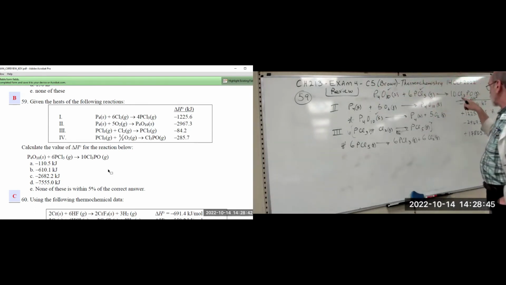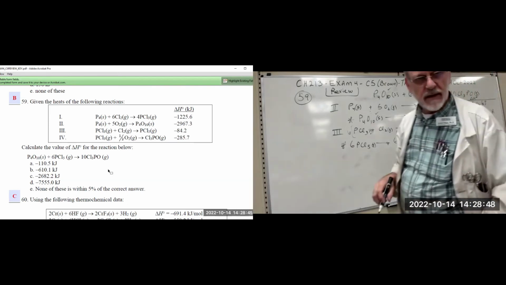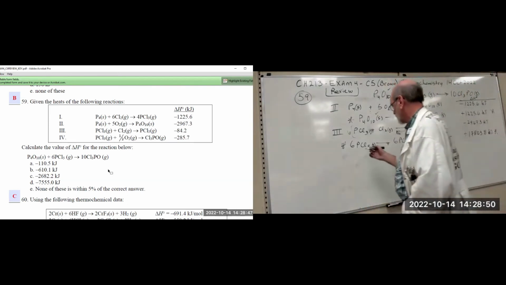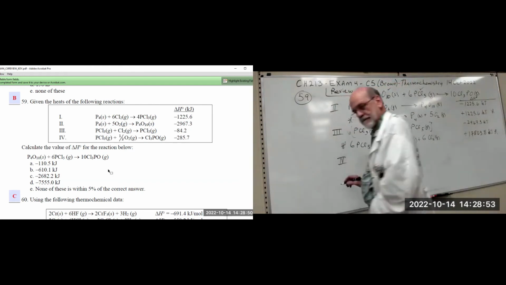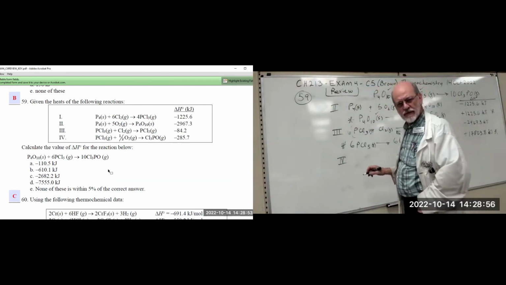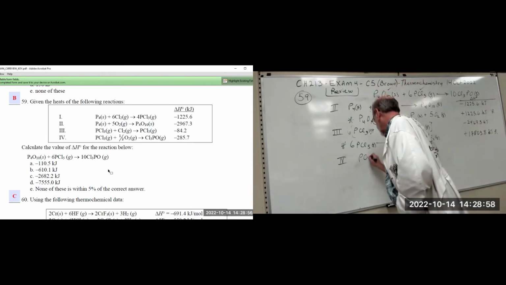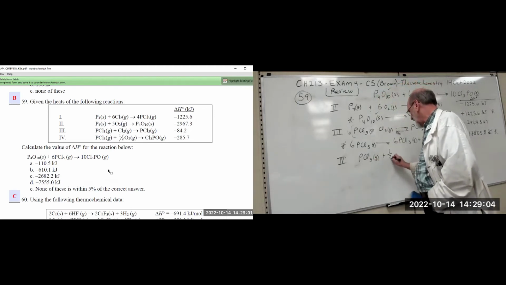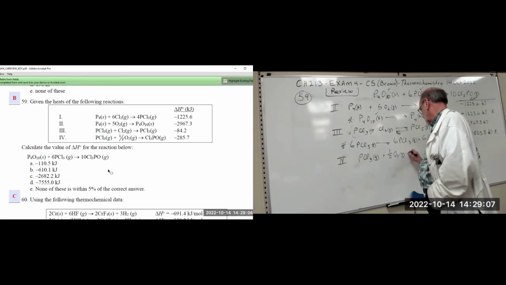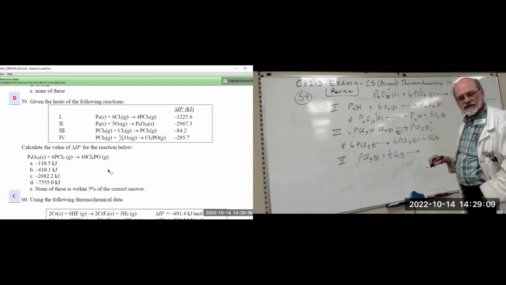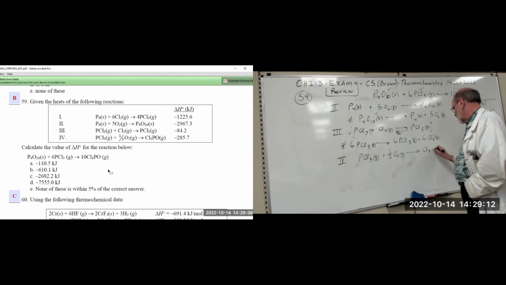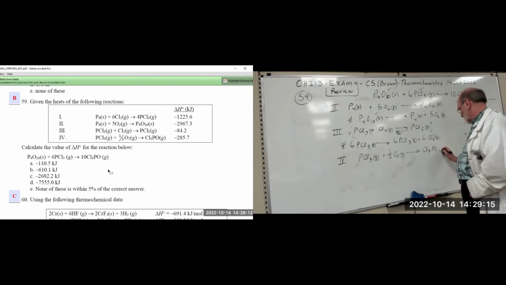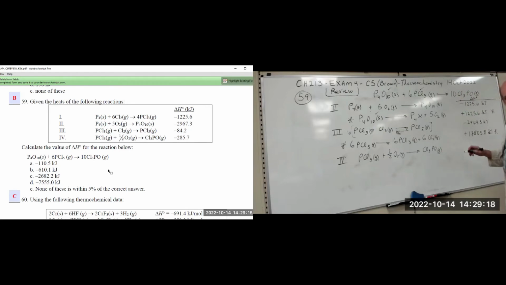Now we need Cl3PO. And that's number 4. So the equation as given is PCl3 gas plus 1/2 O2 gas yields Cl3PO gas. And the enthalpy change as written is minus 285.7 kilojoules.